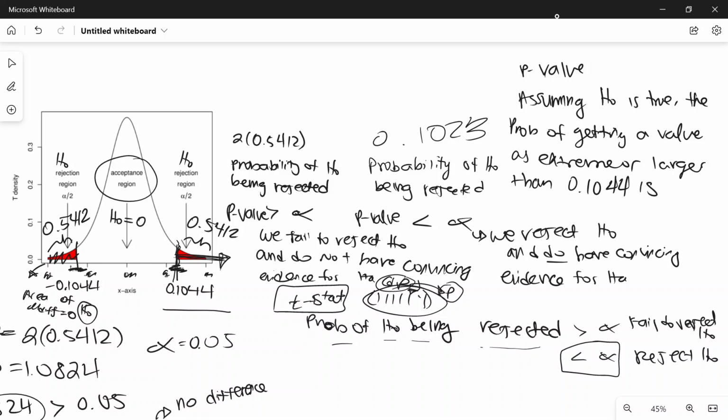Is 0.5412. Is that what it is? Assuming that H0 is true, the probability of getting a value as extreme or larger than 0.44 in a sample is 0.5412, purely by chance. Interesting. Assuming that H0 is true.